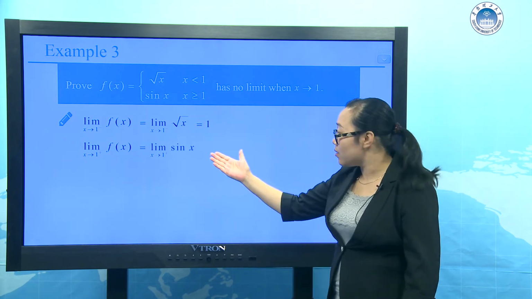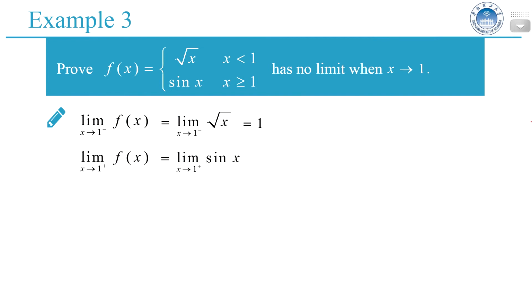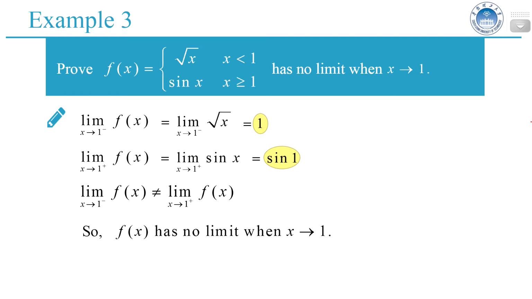So write it: limit as x tends to 1 of sin x. The corresponding limit equals sin 1. The left-hand limit exists and equals 1. The right-hand limit exists and equals sin 1, but they are not equal. They are not equal, which means the corresponding f(x) has no limit as x tends to 1.